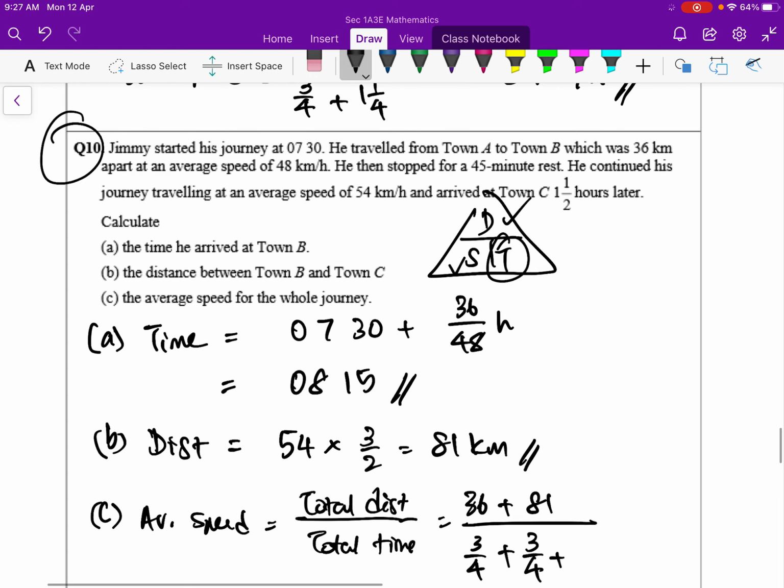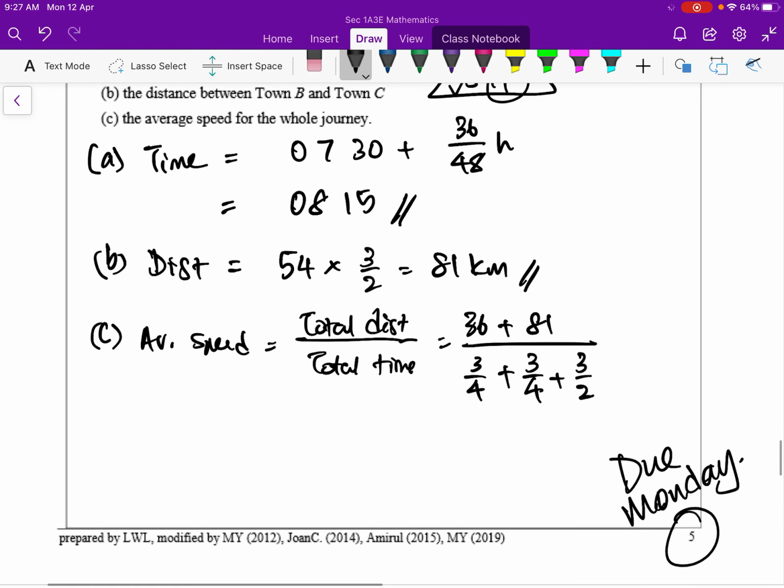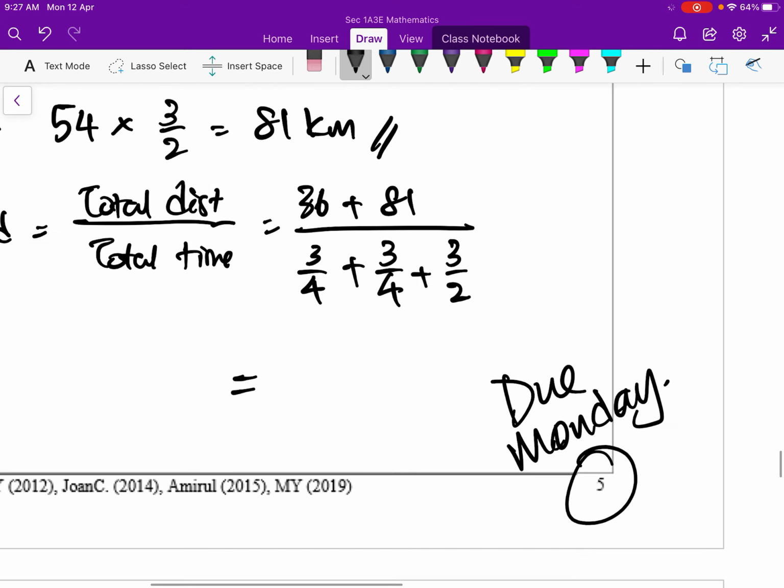And the last part, he took another 1.5 hours, so 3/2. This working will produce an answer in terms of kilometers per hour. So 3/4 plus 3/4 plus 1.5, the denominator will be 3. 36 plus 81 divided by 3. You get 39 kilometers per hour.